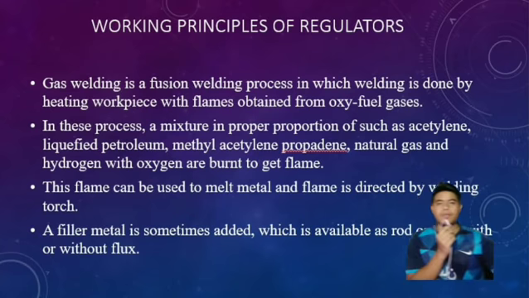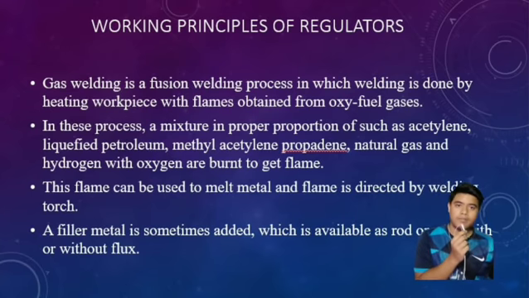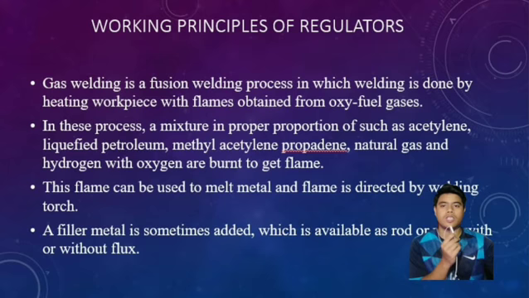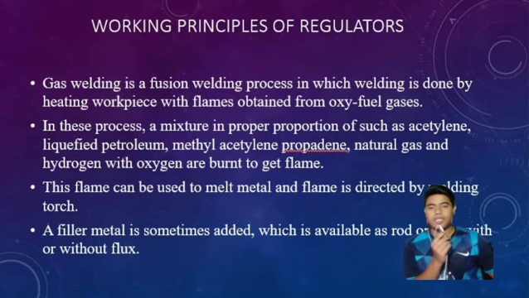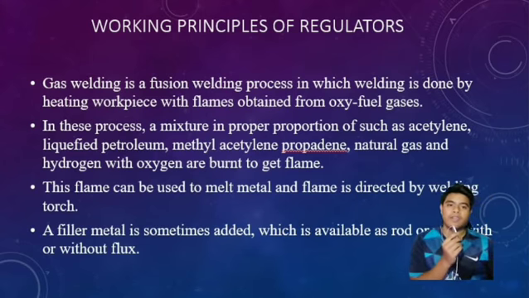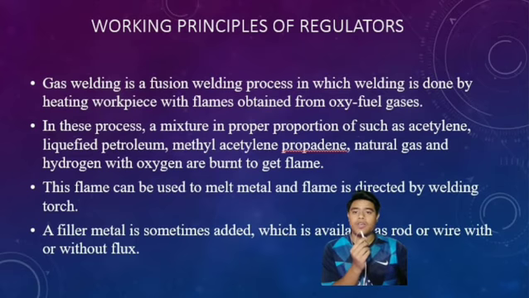This flame can be used to melt metal, and the flame is directed by a welding torch. A filler metal is sometimes added, which is available as rod or wire with or without flux.